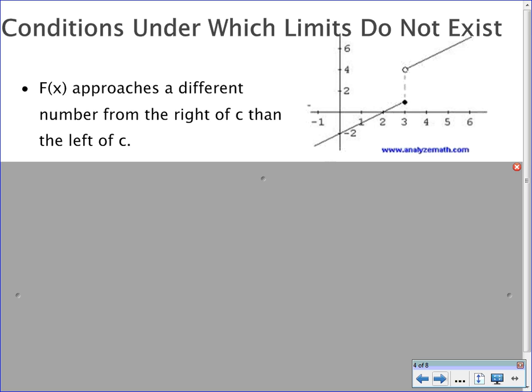All right? You cannot evaluate the limit at the break. Okay, I can evaluate the limit at 0, 1, 2, okay, but we cannot evaluate it at 3. Because we're approaching different values from the right and left.